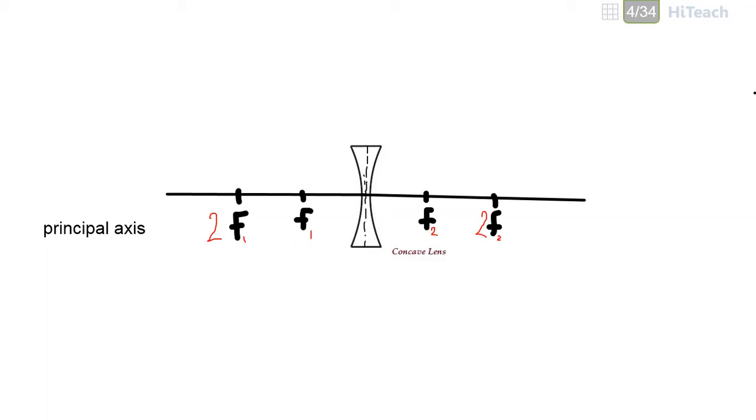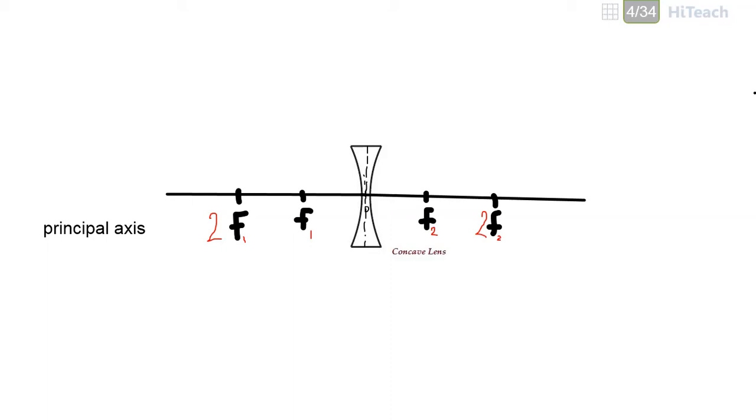So the same as here, it's thinner, but here at the center it also has O, which means the optical center. Draw the principal axis. On this principal axis you have to mark F1, which is the focal point.